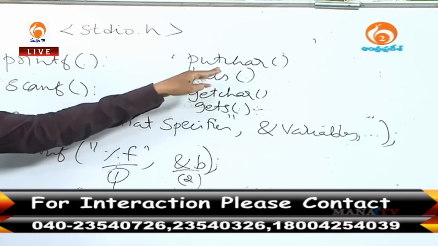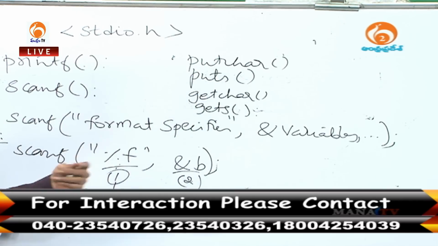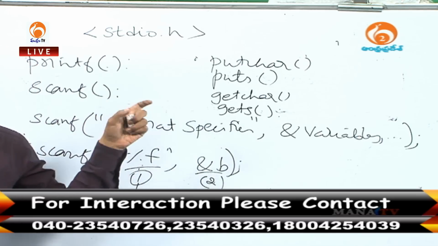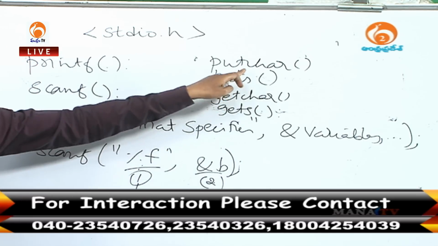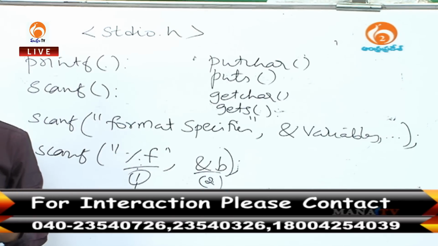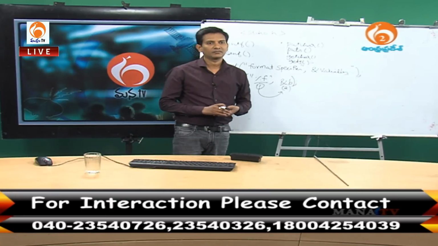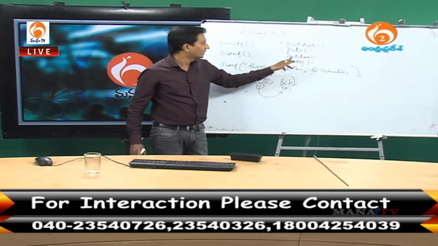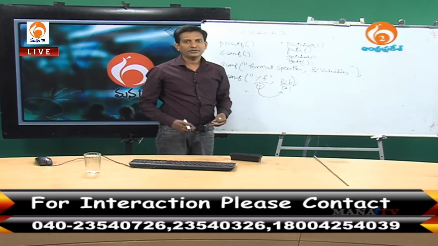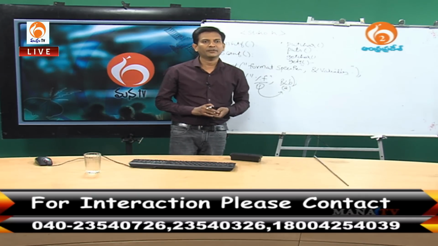Putchar is used to display a single character on the screen. That is the definition of putchar. Puts is used to display a string on the screen. Generally, puts is used for strings. Next, getchar is used to read a single character from the keyboard.